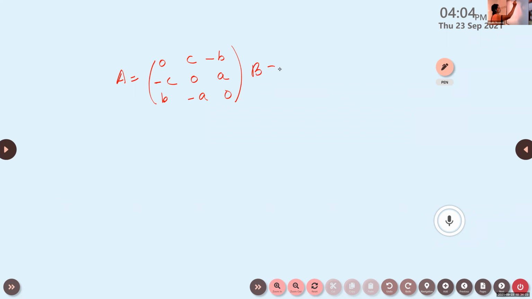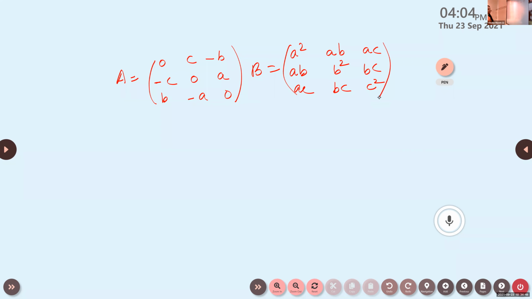And B is equal to matrix A square, AB, AC, AB, B square, BC, AC, BC, C square.